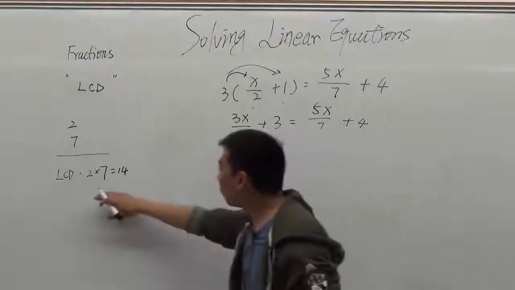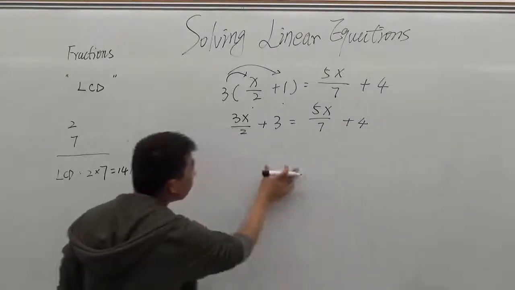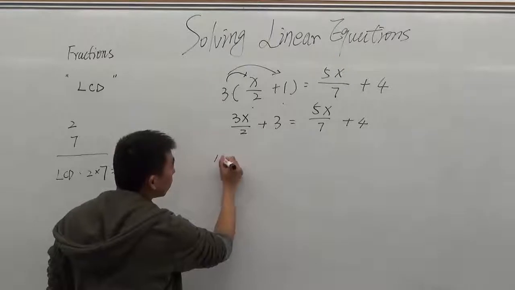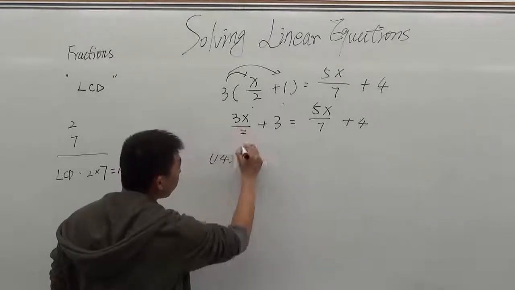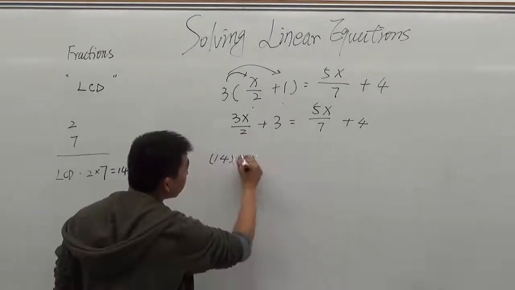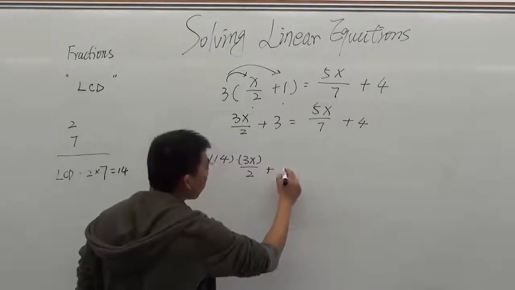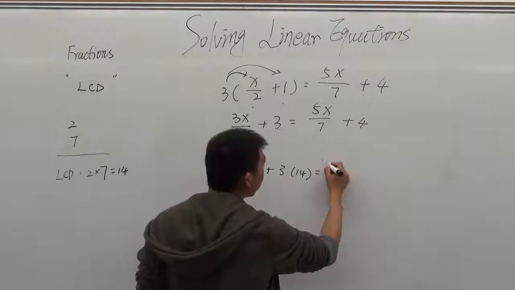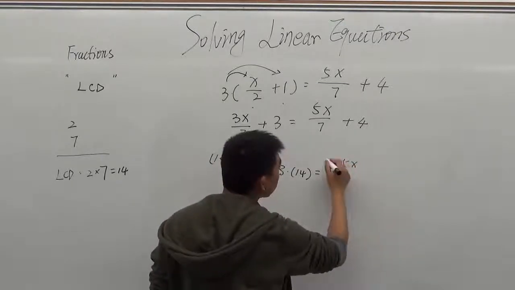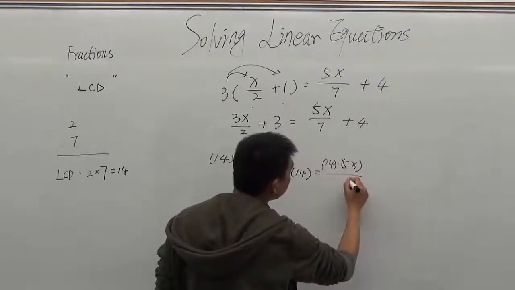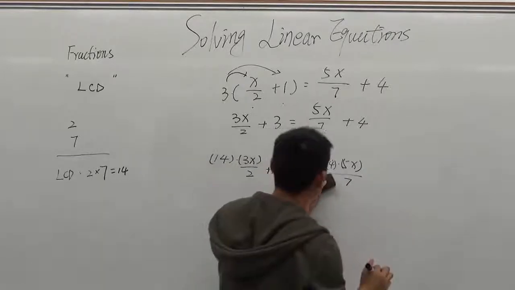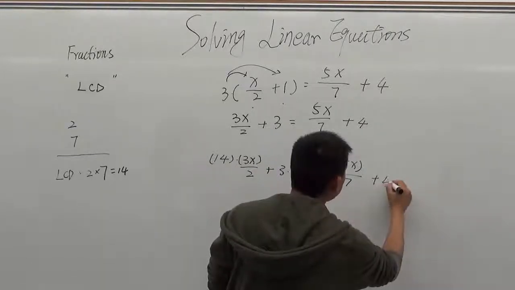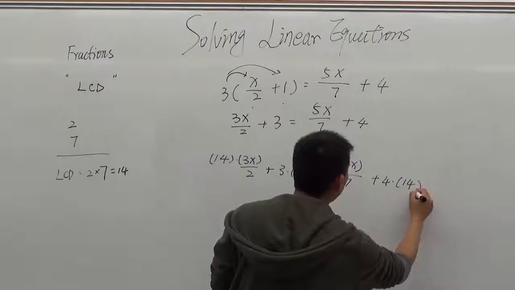So the LCD is 14, we need to multiply 14 for both sides. 14 times 3x over 2 plus 3 times 14 equals 14 times 5x over 7, then plus 4 times 14.